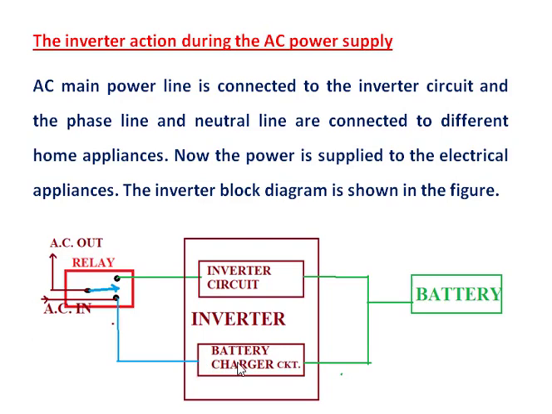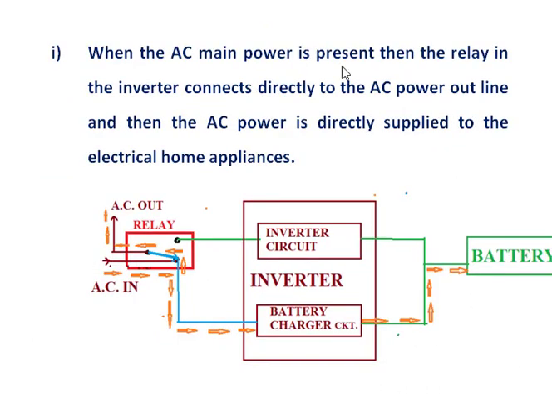This battery charger circuit converts the high voltage 220 volt AC into low voltage AC and then 12 volt DC voltage. It rectifies the AC voltage into DC voltage and it is supplied to the battery. So this DC voltage is used to charge the battery. It is a simple block diagram about the installation.